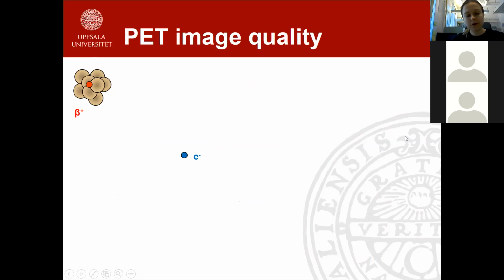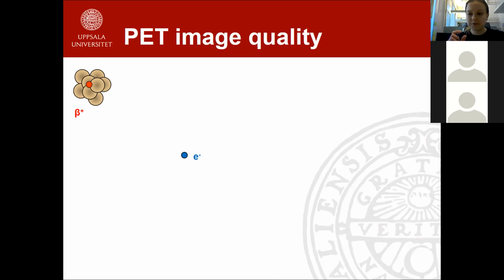So now we can look at something that I also briefly said before about PET image quality. Basically, not every radionuclide gives images of the same quality, and it has something to do with the physical decay, with the radioactive decay that happens, and for every radionuclide that decays and that emits a positron, the energy of the positron is different.